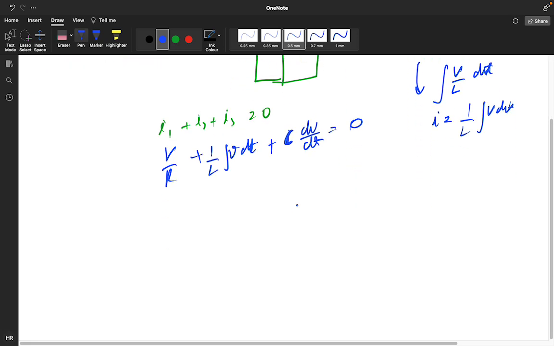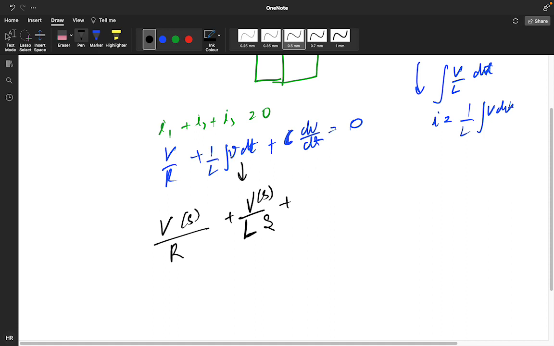Now if you want to make it in the form of a Laplace, this will be V(S) by R. This 1 by L integration will be V(S) by S. Integration can be represented by 1 by S, and differentiation would give S. But I am doing it directly because I know the result of an integration.